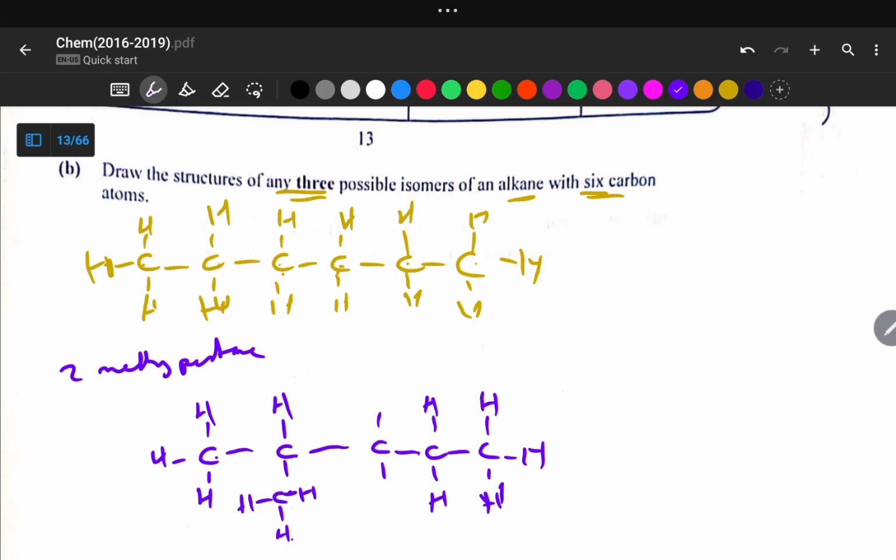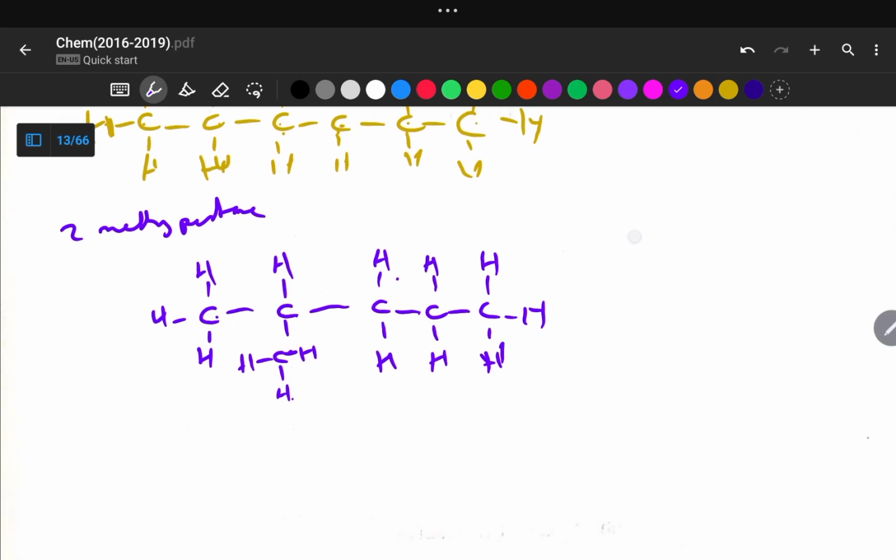Are we together? Then we can draw 3-methylpentane, right? So we're shifting this methyl group to the third carbon atom, as simple as that. So we are simply swapping, and we are done, right?